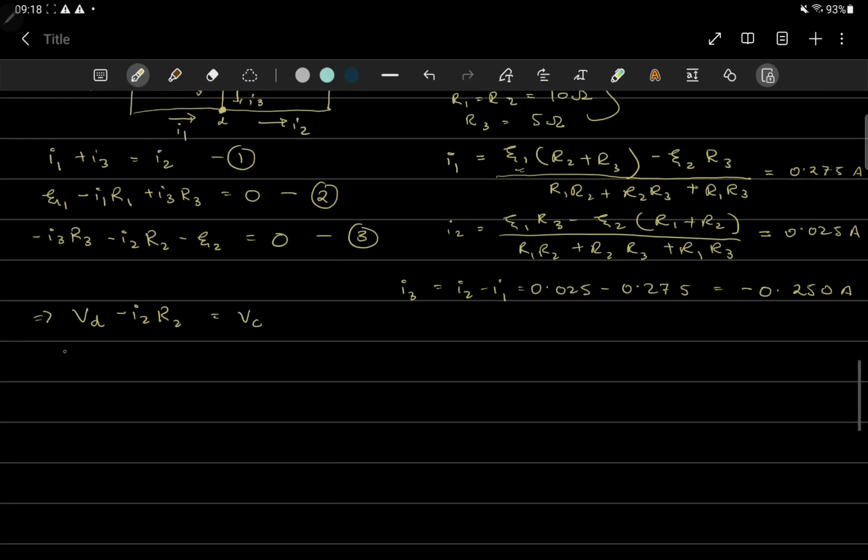So you can rearrange this equation and write VD minus VC equals I2 R2, where I already know what I2 is and what R2 is.